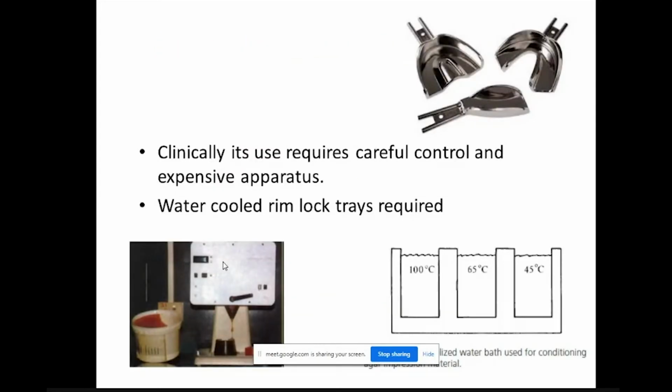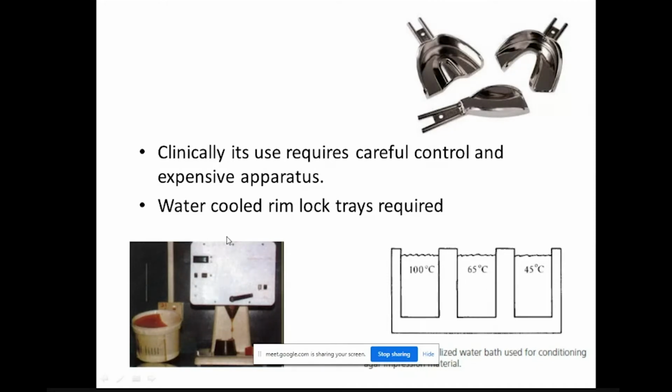Why is it not used today? Because it requires too much expensive instrument and equipment, like a special type of rim lock tray and equipment for heating the material.